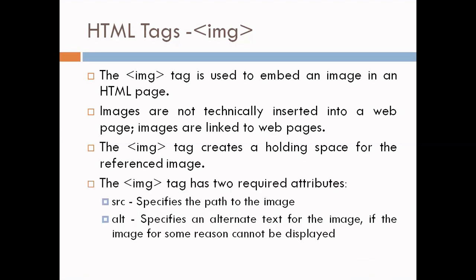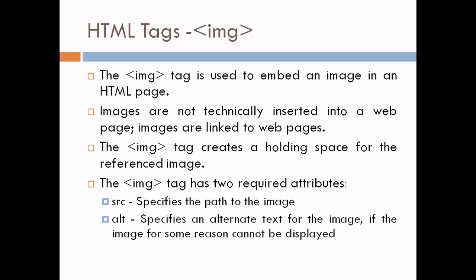The IMG tag has two required attributes. First one is SRC. Now, what is SRC? SRC means source. That attribute specifies the path of the image. Suppose we want to display an image in our web page, at the same moment it will require the absolute path of the image. And ALT stands for alternate.